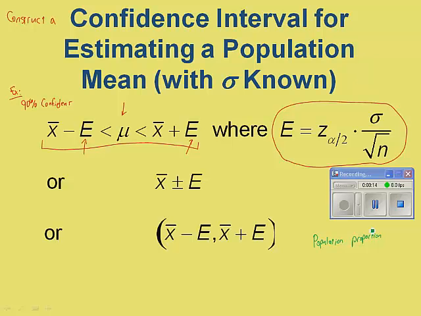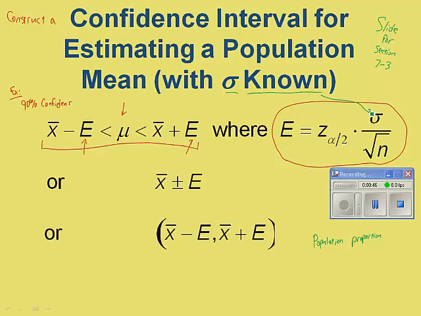Oh, timeout, timeout, timeout. Some of you are copying crazy copying down. I have to point something out here. This is a slide 7-3, which is not what I'm covering today. And why do I say this is a slide for 7-3? Because this is when sigma is what? Known.